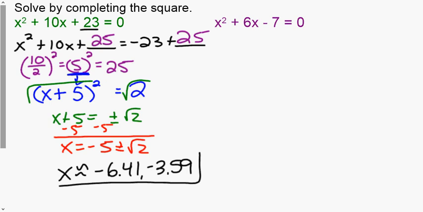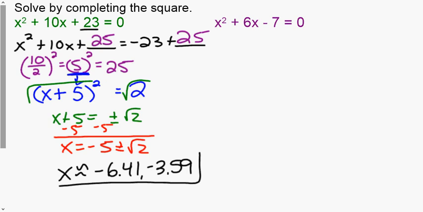Step 3, factor the left side, simplify the right side. And then step 4 is solve like we did in section 8.2.